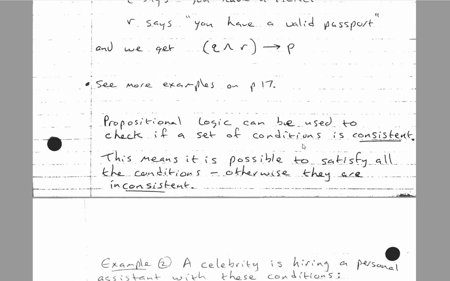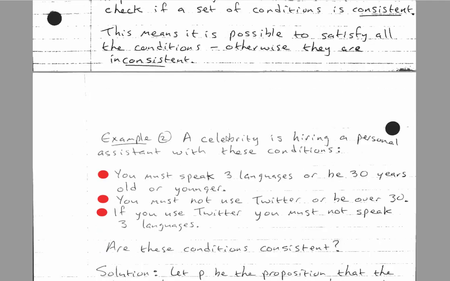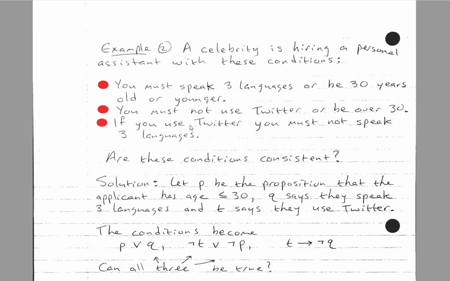Propositional logic can be used to check if a set of conditions is consistent. This means it's possible to satisfy all the conditions. Conditions would be inconsistent if it's impossible to satisfy them all. Alright, so here's an example.